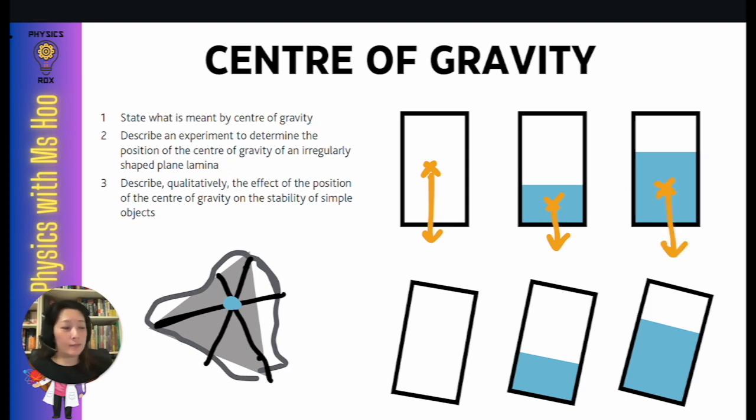Now remember that for stability, the line of gravity or the weight line has to be within the base area for it to be considered stable and will not topple over. If the weight line is outside this base area, then the object will topple and fall down.